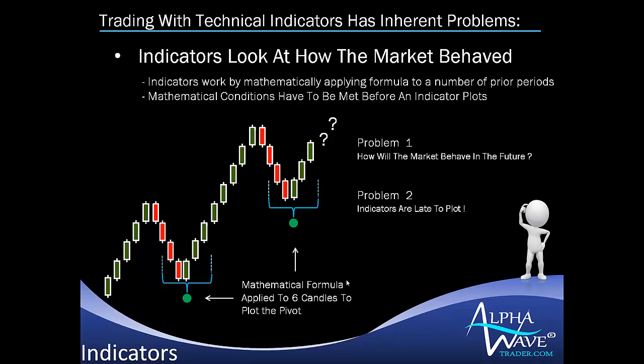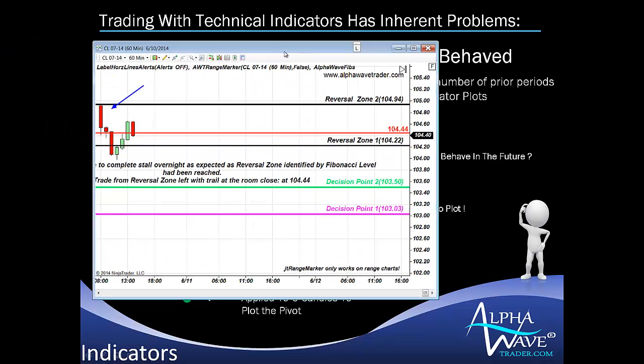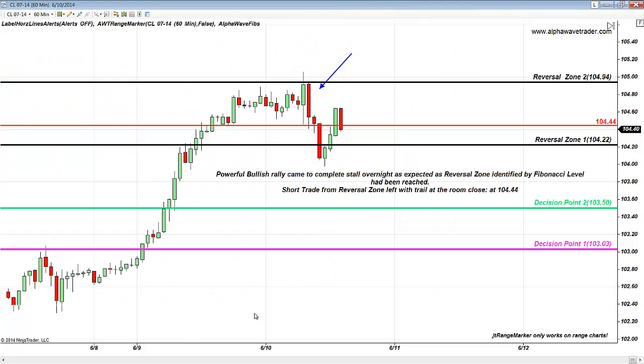Every single indicator that's ever been developed shows what price did after the fact. No indicator on the planet will show you where trend reversal, trend exhaustion, trend inception, and profit taking levels will be. Price tells you all these levels far in advance.